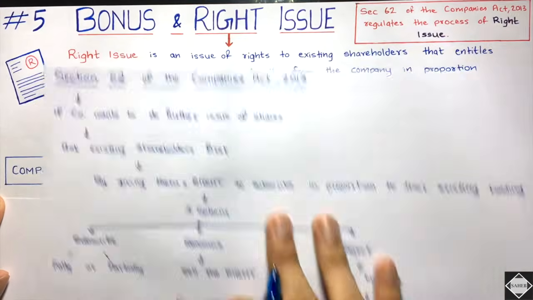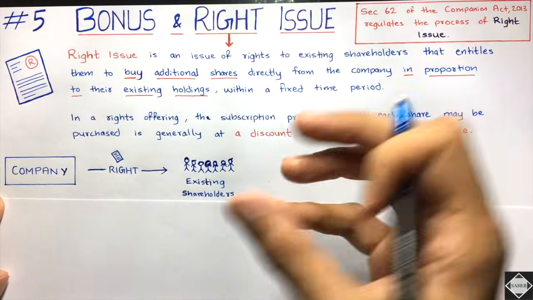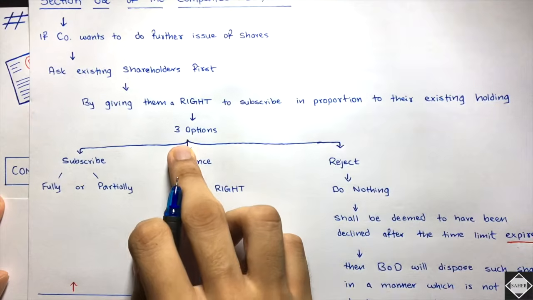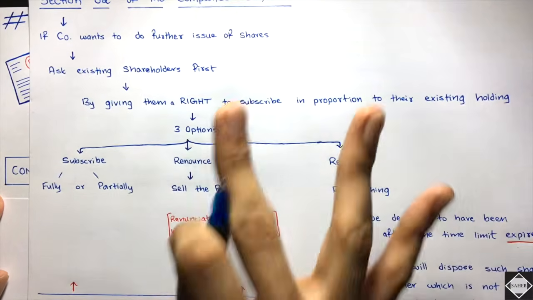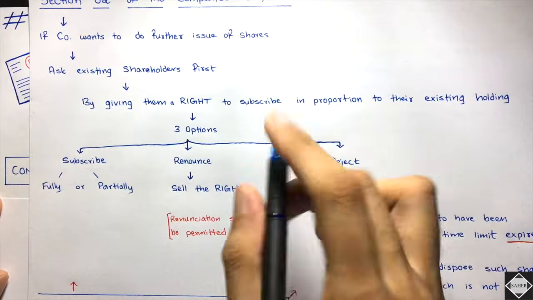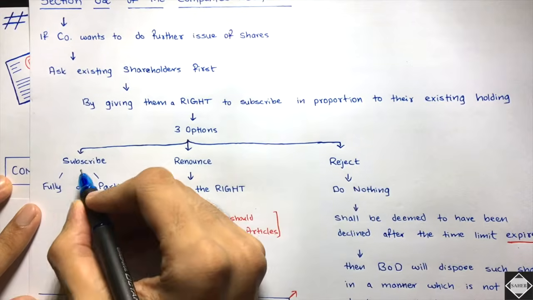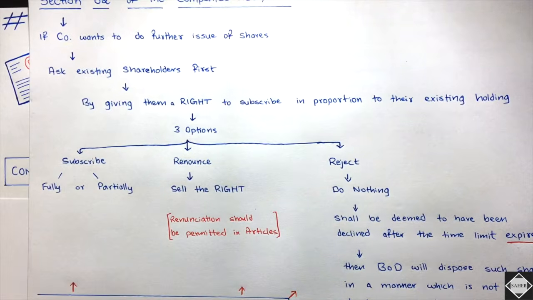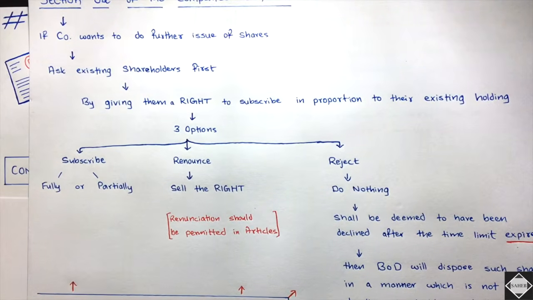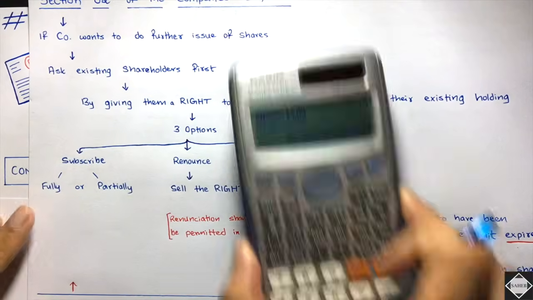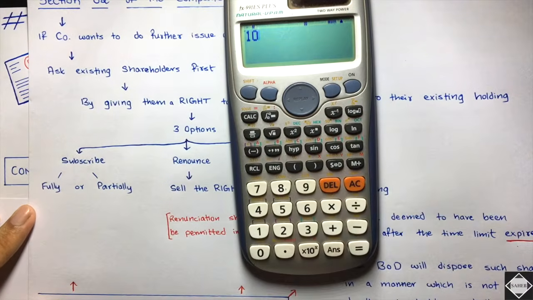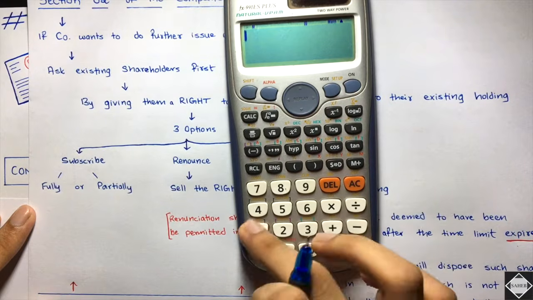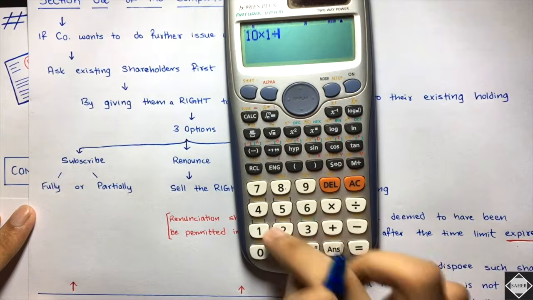What happens in a rights issue? In a rights issue, first preference is given to existing shareholders. Three options will be available to the existing shareholder. The first option is that the shareholder can subscribe, that is, buy the shares fully or partially. For example, a shareholder has 10 shares, and the ratio is 1:2.